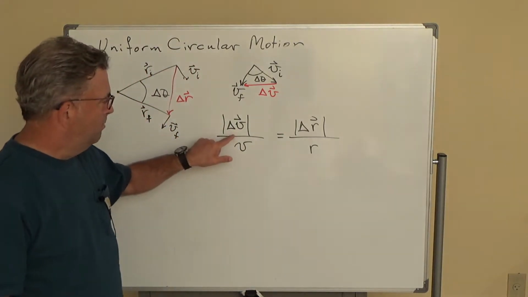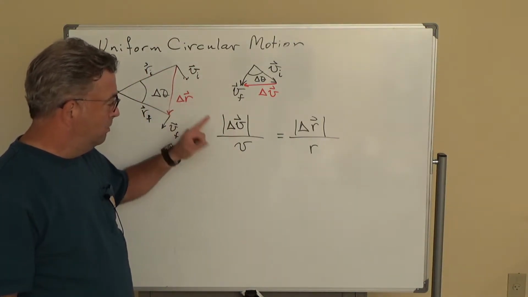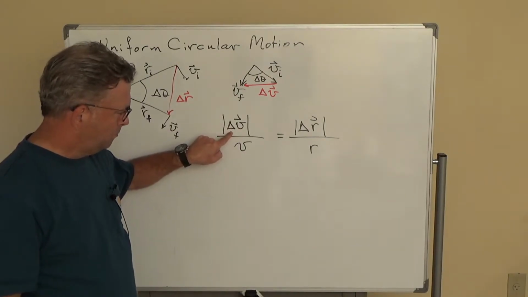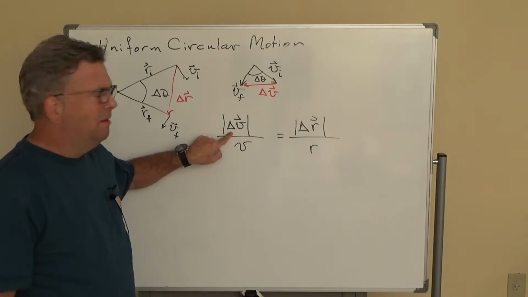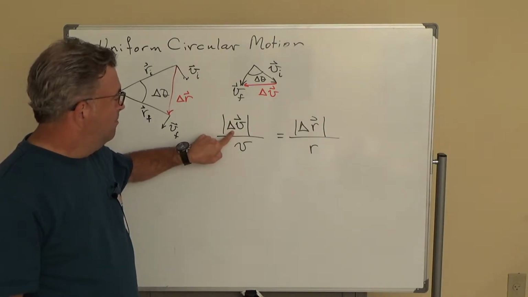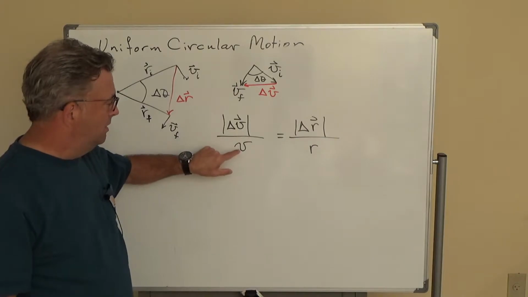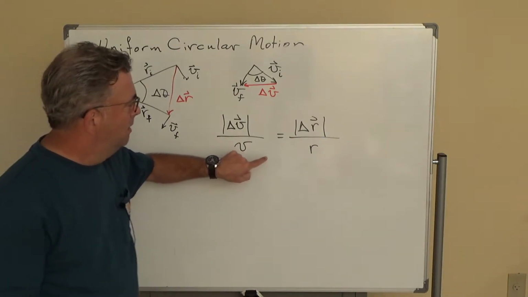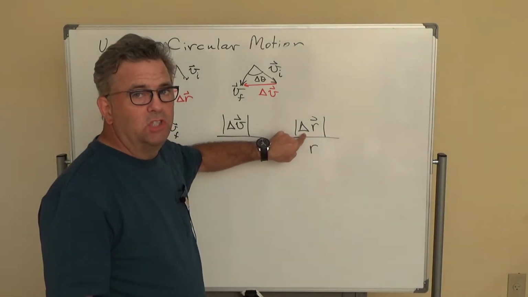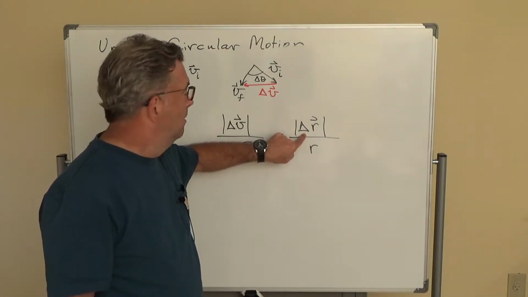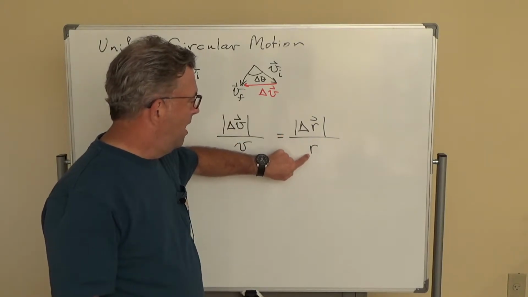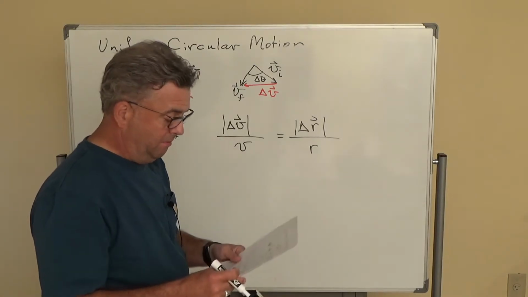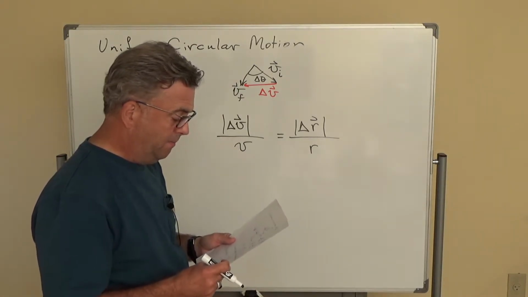So this is just the magnitude of the velocity. This would be the speed, or the change in speed. Well, that's not right. This would just be the magnitude of the change in velocity. This is the velocity v, that's the speed. This is the magnitude of the change in the position divided by the magnitude of r, which is just the length of that vector, okay?